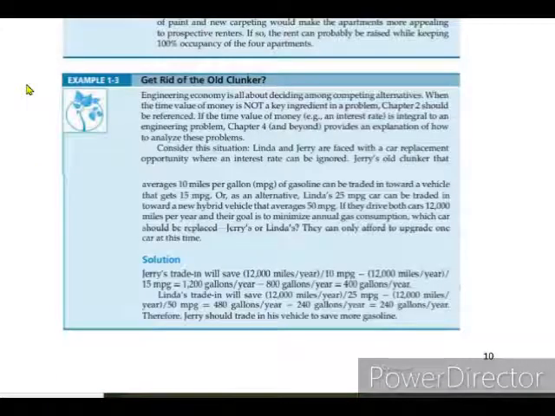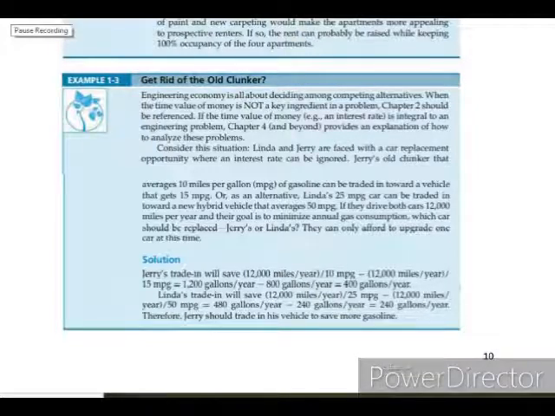Next example, example 1-3. Get rid of old clunker. So what is a clunker? It is an old machine. Engineering economy is all about deciding among competing alternatives when the time value of money is not a key ingredient in the problem, so chapter 2 should be referenced.